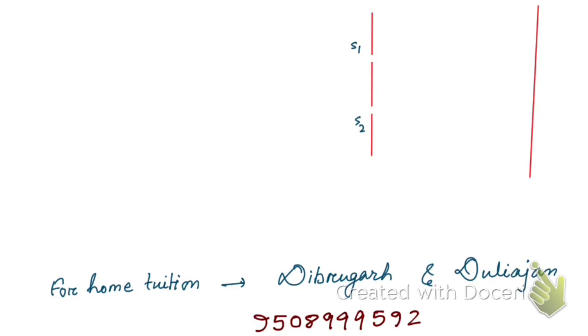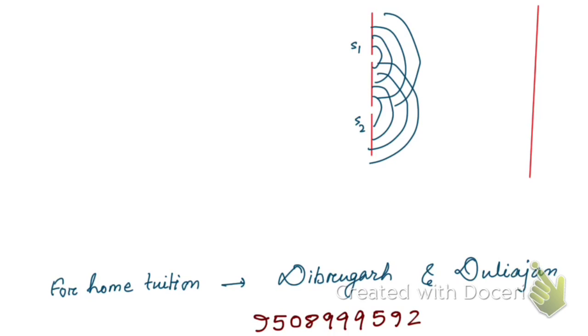Then the light will pass through these two holes, S1 and S2, and it will spread in all directions from both S1 and S2, and that's how it will continue to this screen.